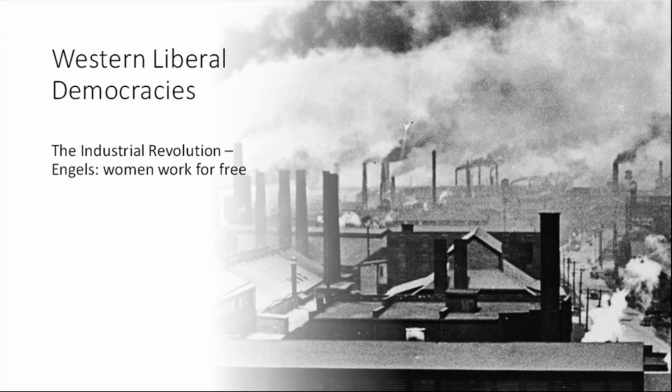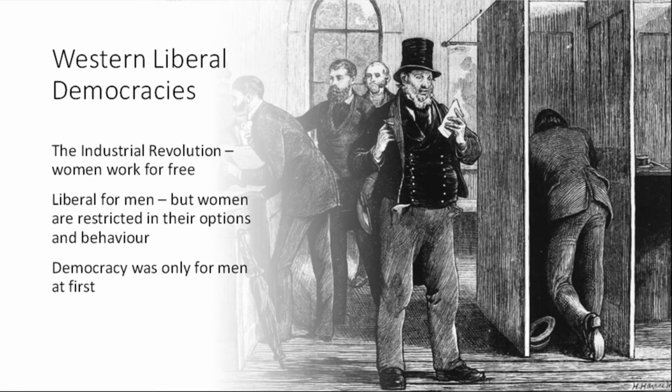These societies came about in the Industrial Revolution, and it was pointed out by Marx's colleague Friedrich Engels that the Industrial Revolution depends on the unpaid labour of women. The men go to the factories to work, but the women are required to work without pay in the home to make that possible.